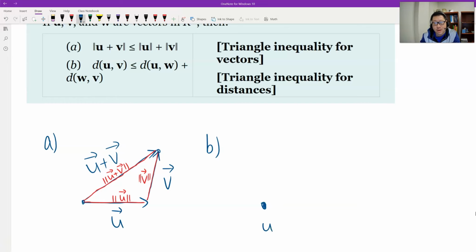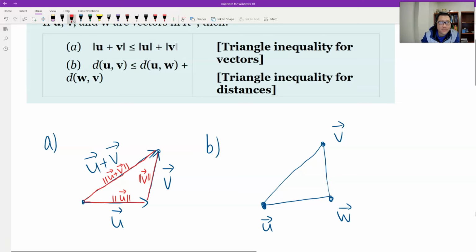If this is the terminal point of u, this point is the terminal point of vector v, and this is the terminal point of vector w, can you see? Then we link these points to form a triangle.